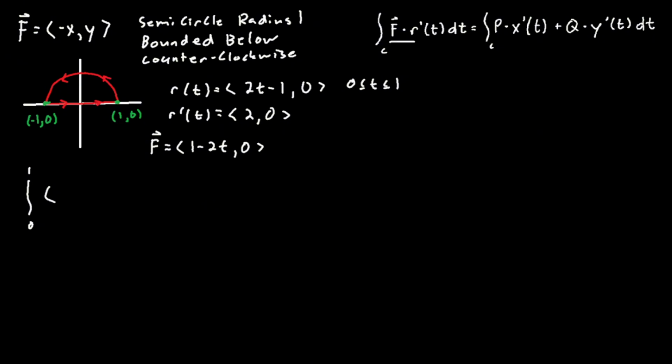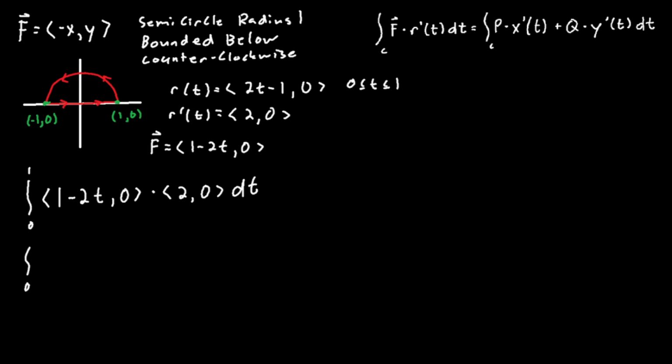So remember, you dot your vector field with your parameterization, or you can use this guy right here. x prime is simply this guy right here, and y prime is simply this guy right here of your parameterization. But I'll just do it this way. So your vector field is 1 minus t, comma 0, dotted with your derivative 2, 0.